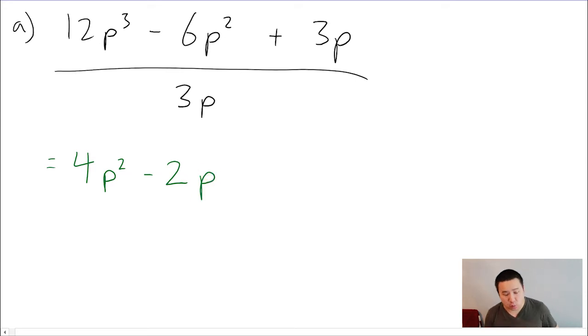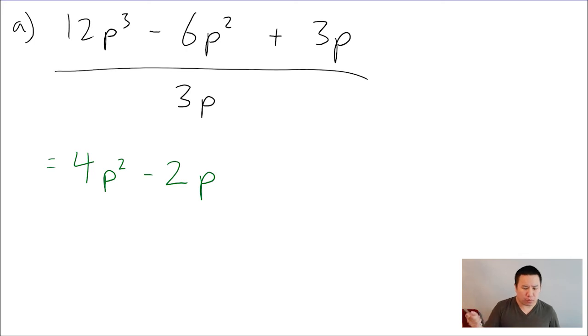And then this last one, this is where a lot of mistakes will happen. People will see 3p divided by 3p. Okay, so the 3 and the 3 cancel out, the p and the p cancel out, and so it's just gone. And a lot of people will just leave it like this. But that's not right. If you divide 3p by 3p, you don't get nothing, you get 1.